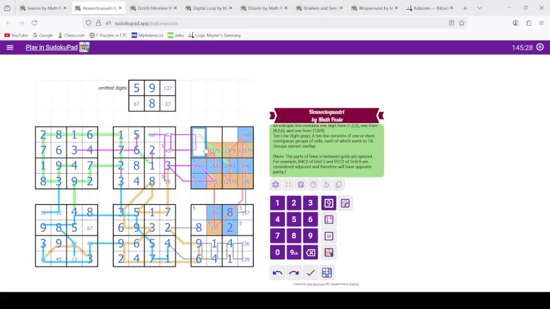These could both be even. It would be 4 and 6 with 5 and 7 here. We made that a 1 or a 9.